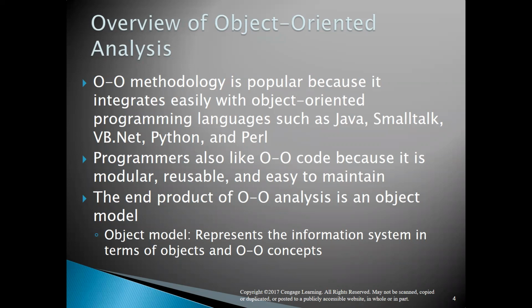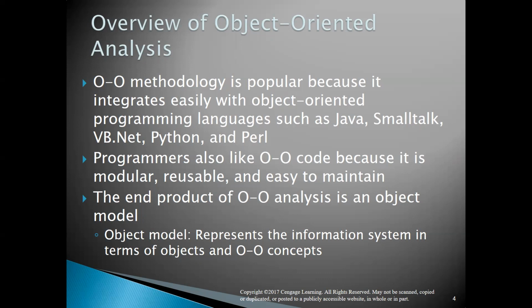Programmers also like object-oriented code, or OO code, because it is modular, reusable, and easy to maintain. The end product of object-oriented analysis is an object model. An object model represents the information system in terms of objects and object-oriented concepts.